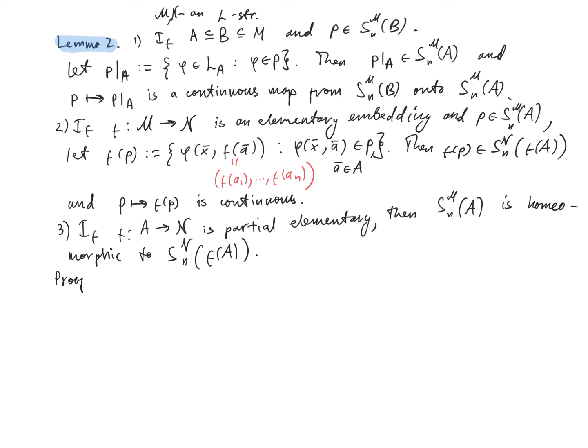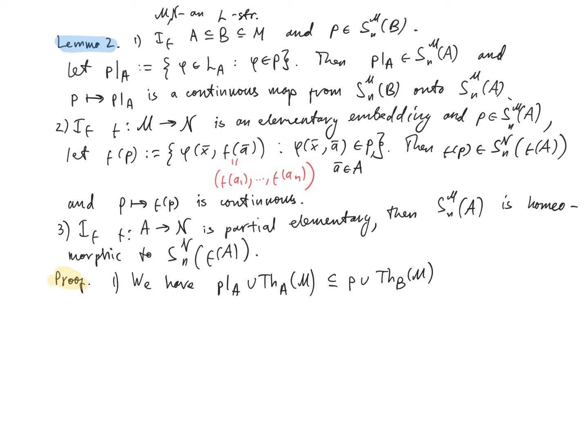Proof of 1. Note that p restricted to A together with the A-theory of M is a set of formulas that is a subset of those formulas which are in p union the B-theory of M, because B is just a larger set of parameters.